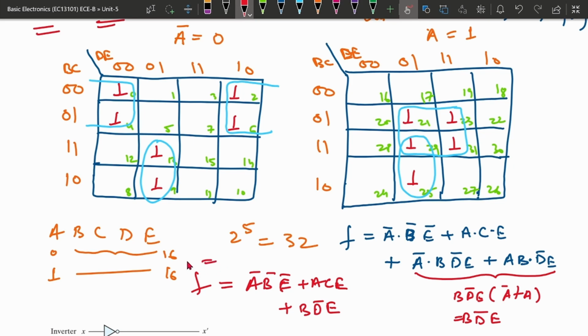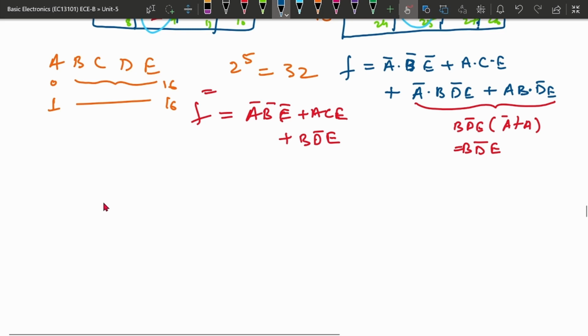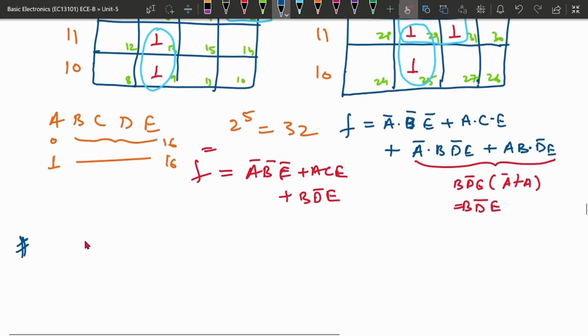This is how we can simplify it. Okay, so up to here we have considered the minimization of 2, 3, 4 and 5 variable functions. But before going for minimization, we need to make sure our function is in proper form.